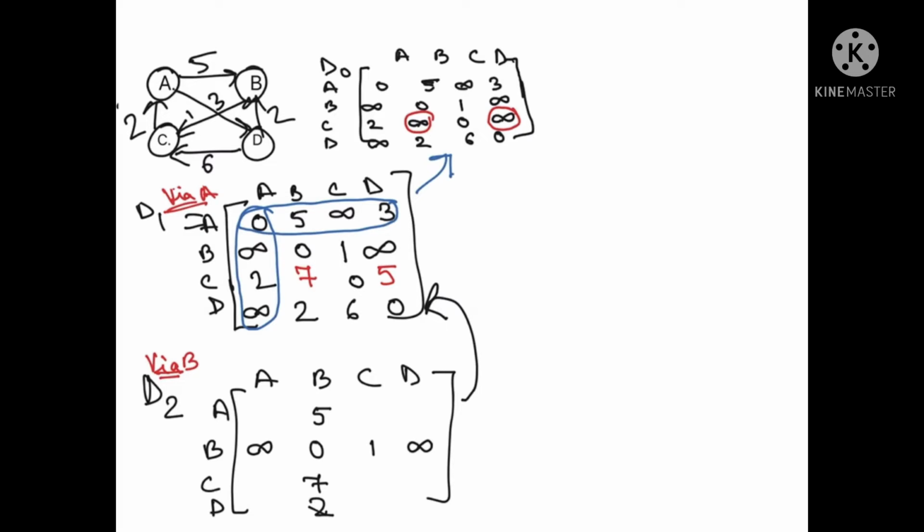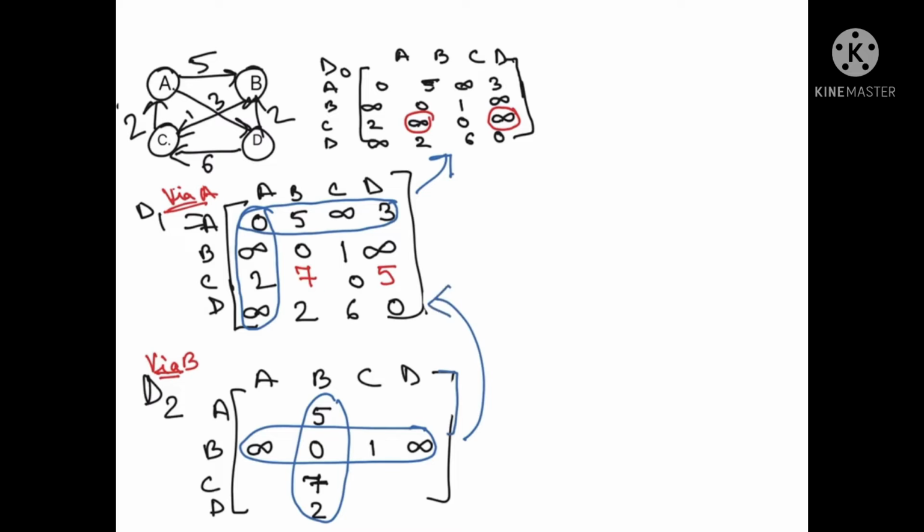Okay, so this is 2. So now what will remain the same? This and this, and we will look which side we will look. Okay, so we will look this one.